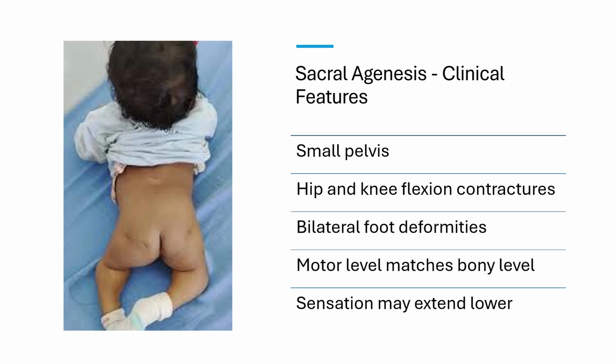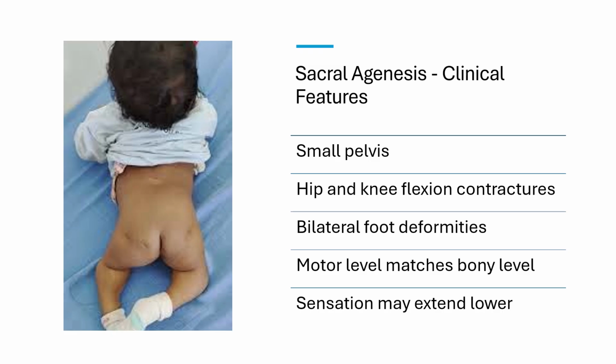Unfortunately, this compensation creates functional limitations that significantly impact mobility and daily activities. Bilateral foot deformities occur commonly because the neurological abnormalities associated with sacral agenesis affect the nerve supply to both lower extremities. These deformities often include clubfoot, vertical talus, or other complex abnormalities that require specialized treatment.